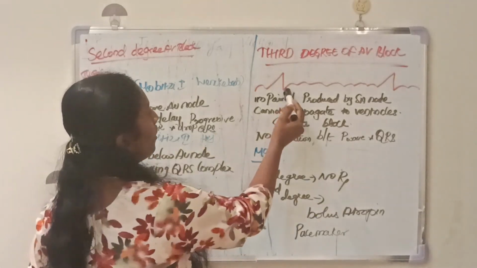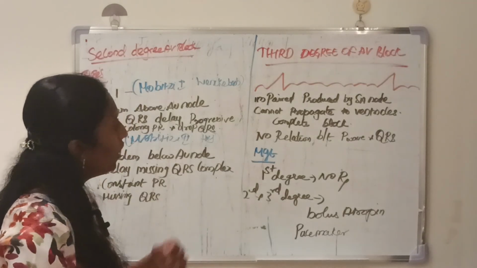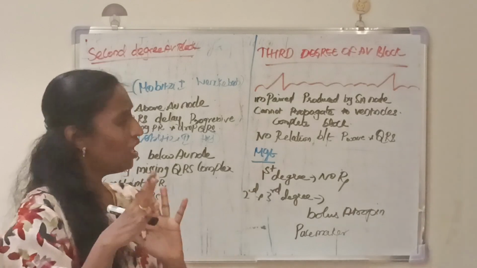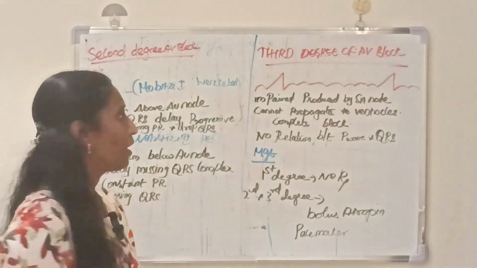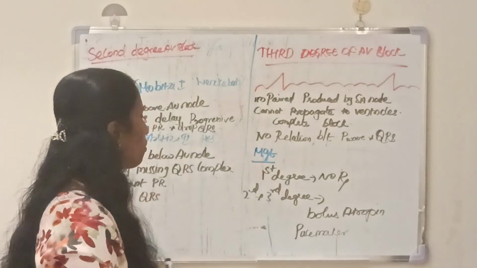The ECG will be like this. Understand? In the ECG there is no relation between the P wave and the QRS complex. You can see there is no relationship between the P wave and QRS complex.